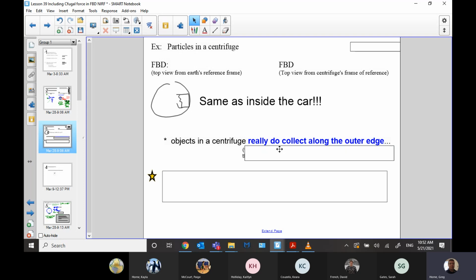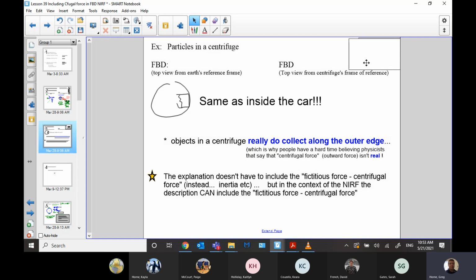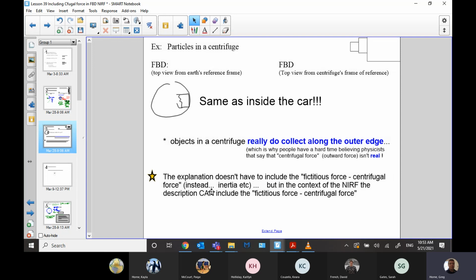Objects in a centrifuge really do collect along the outer edge, which is why non-physicists think that physicists are weird when they say centrifugal force isn't real, because it really does push things to the outer edge. But the way we're saying it, I think, is more understandable. Saying that it's a real force in that non-inertial reference frame, absolutely it is. That's a review. Hopefully you're with me on that, getting to see it again and be like, oh, that makes more sense now.